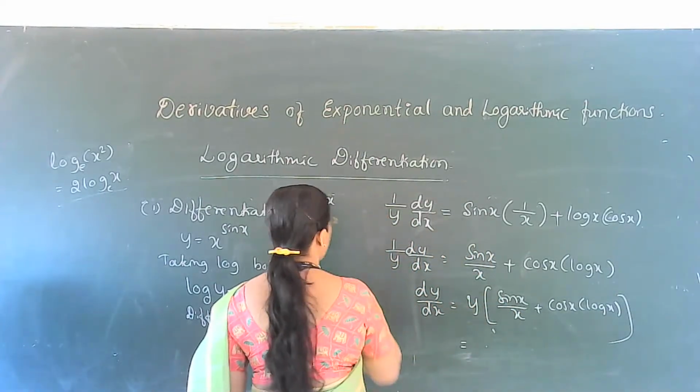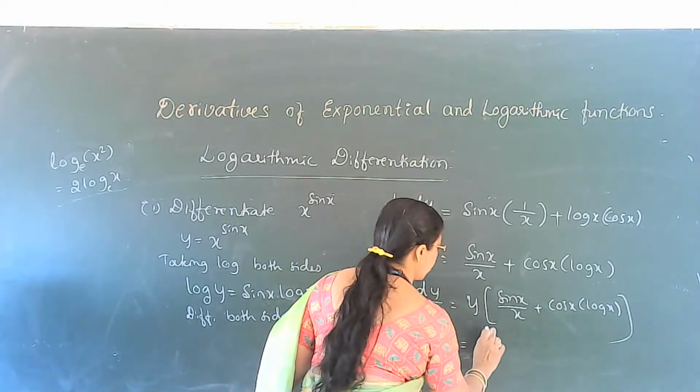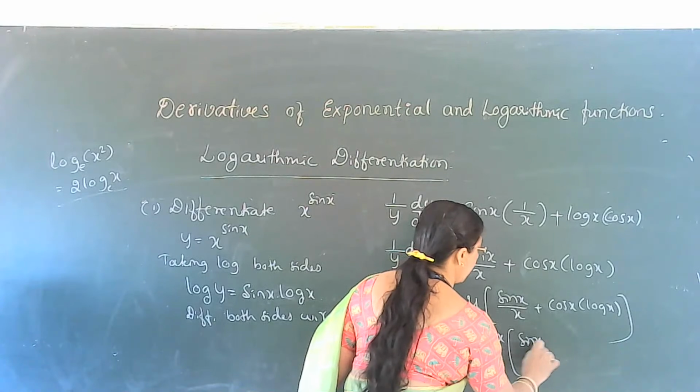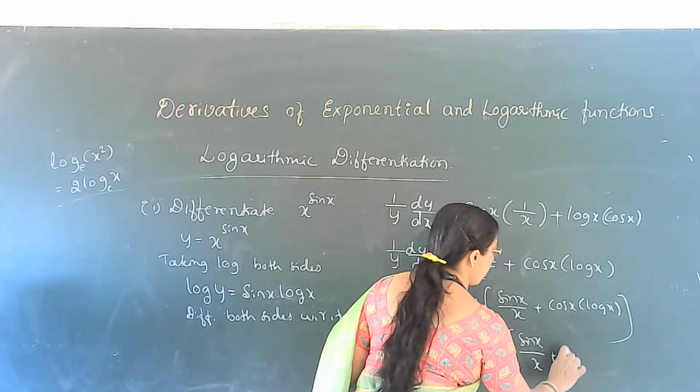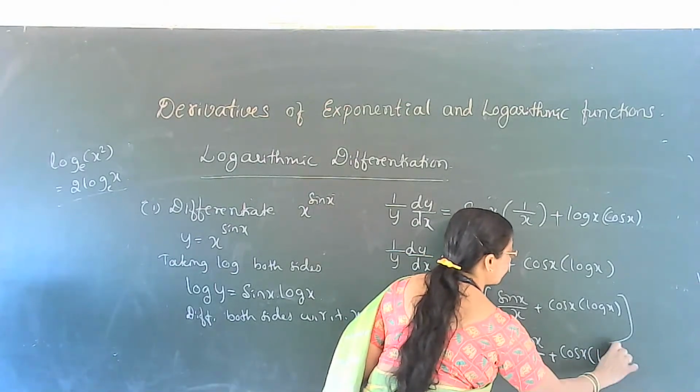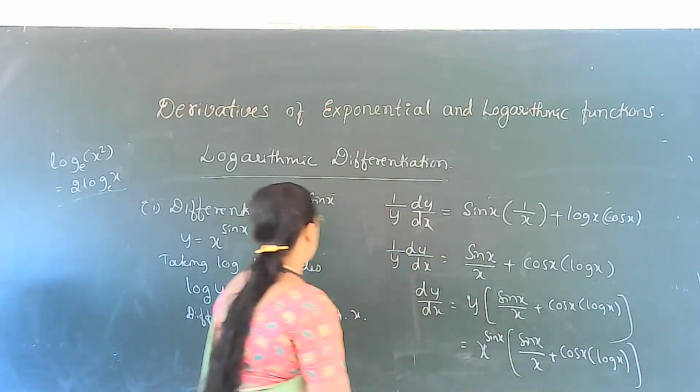Y is equal to x to the power sin x, into sin x divided by x plus cos x into log of x.